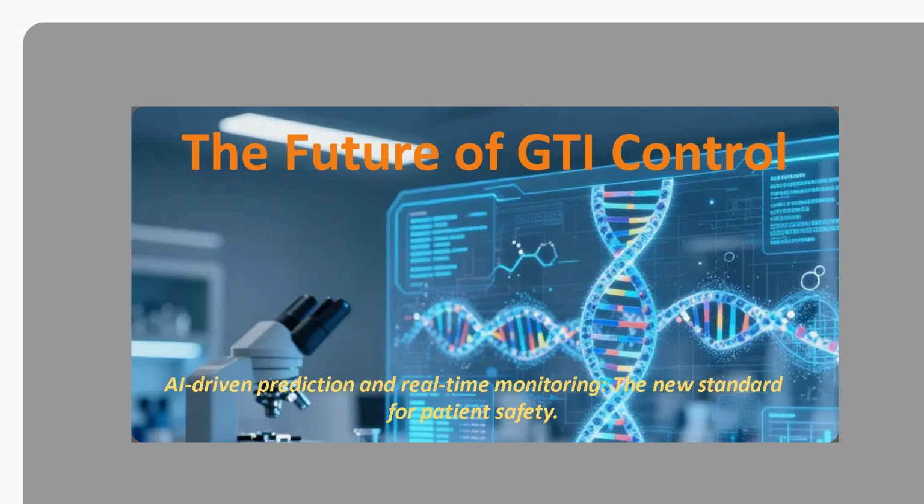These innovations are transforming genotoxic impurity control from a reactive process into a predictive and preventive strategy. Ultimately, these advancements will help pharmaceutical manufacturers deliver safer medicines while meeting the highest global standards of quality and compliance.